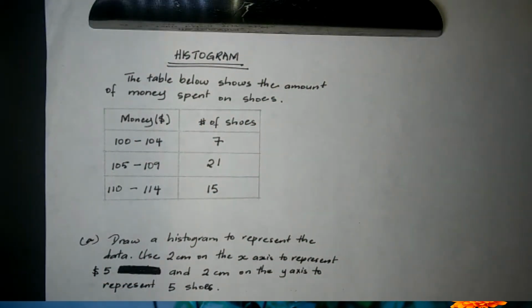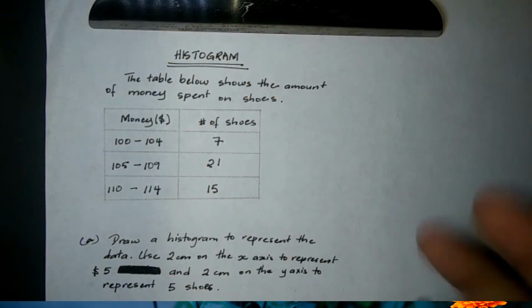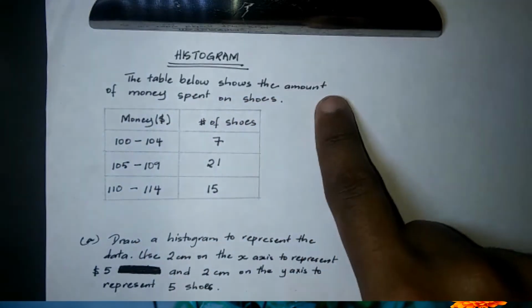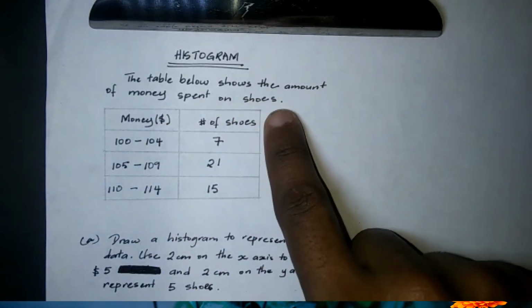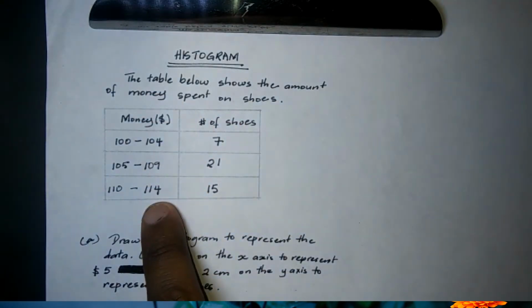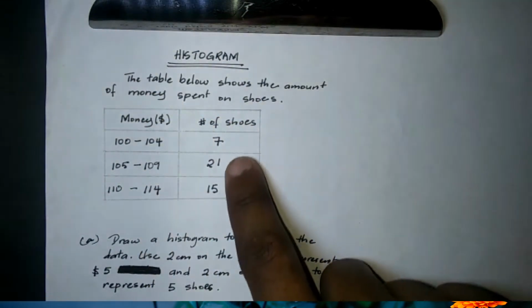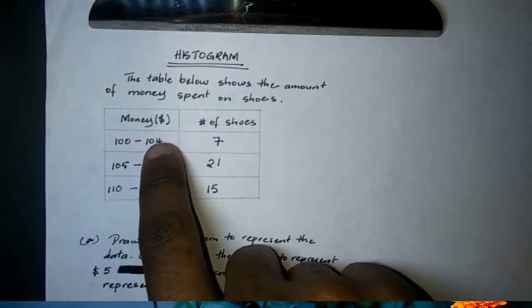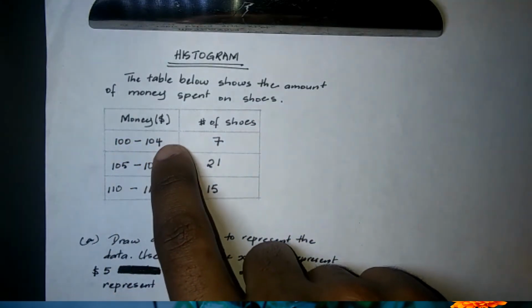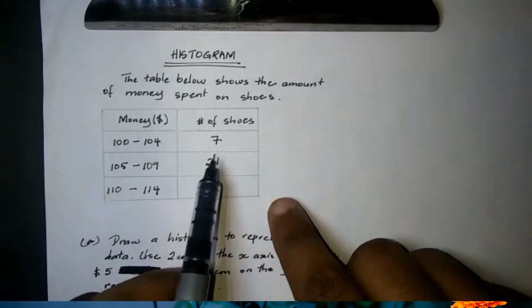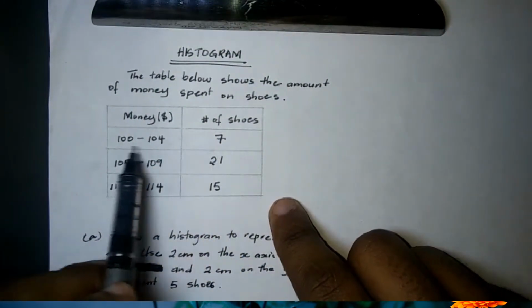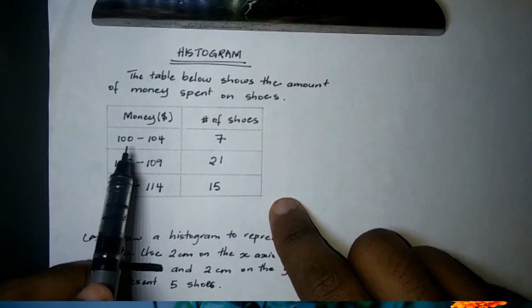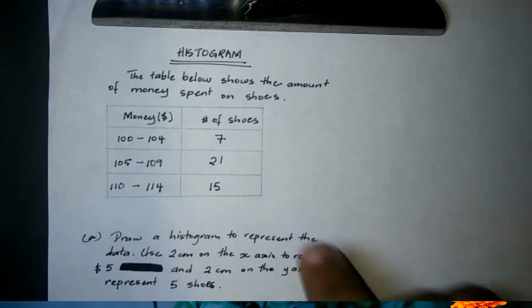Here's our question. It says, the table below shows the amount of money spent on shoes. So here's the amount of money spent on shoes, and this is the number of persons who would spend between $100 to $104 on shoes. So 7 persons would spend between $100 and $104 on shoes.